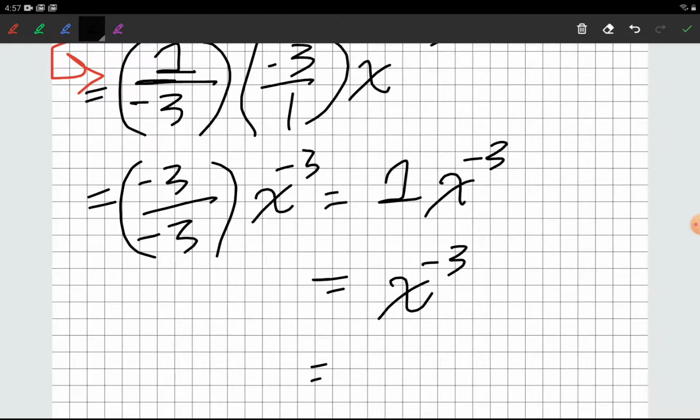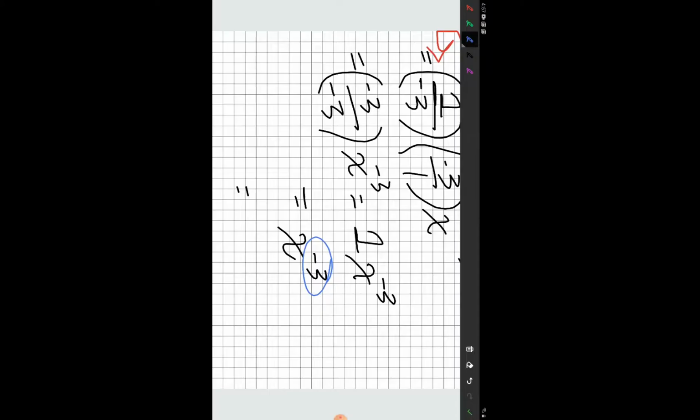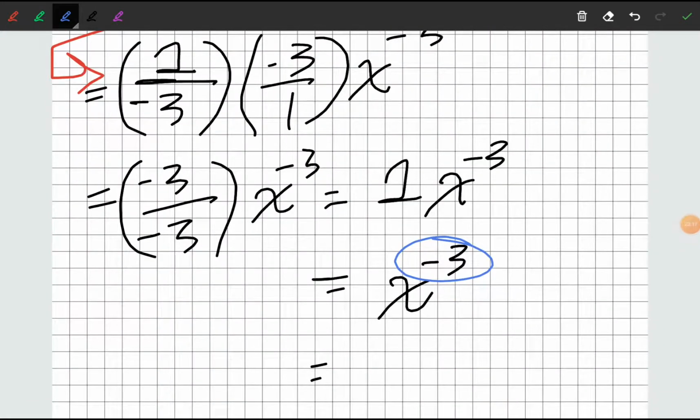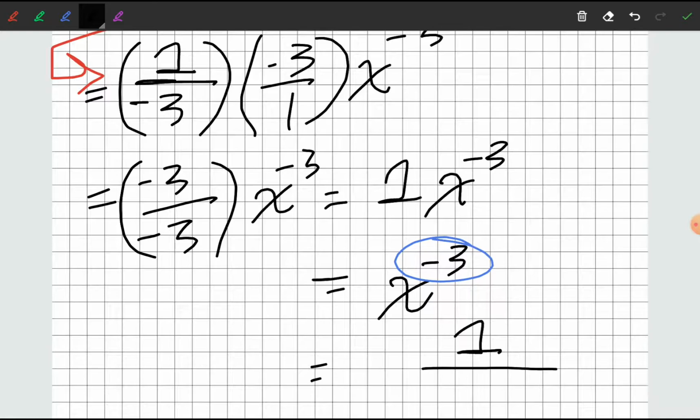Last time to simplify. The IB exam hates negative exponents, so you're going to move it downstairs to keep the exponents positive. And so your final answer in the most simplified acceptable form is 1 over x to the 3.